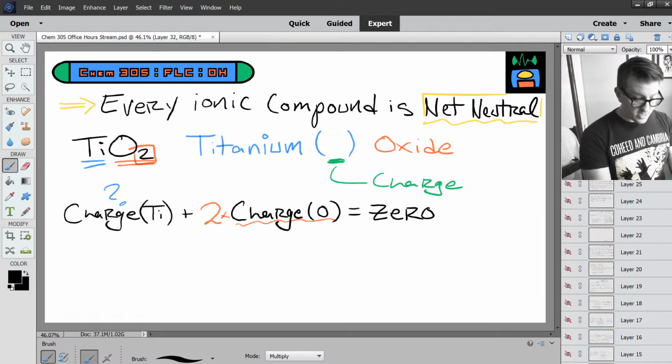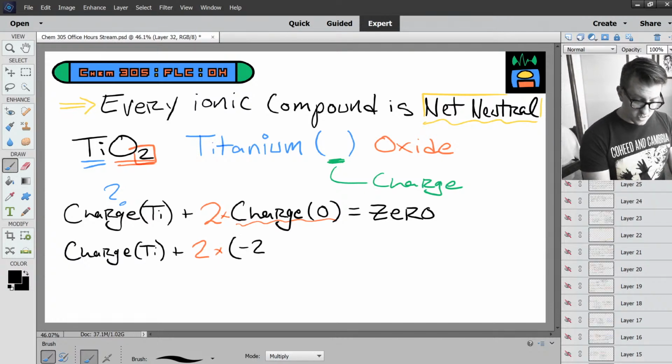Neon has 10 electrons, so oxygen picks up a charge of -2. So the charge of titanium plus 2 times, now we know the charge on oxygen, is a -2 equals 0.